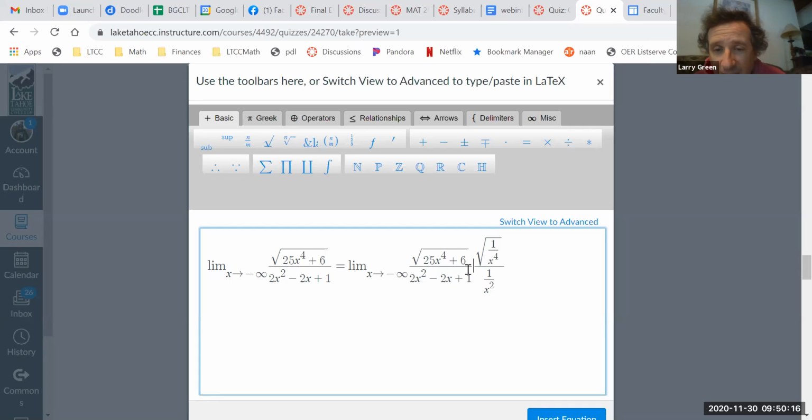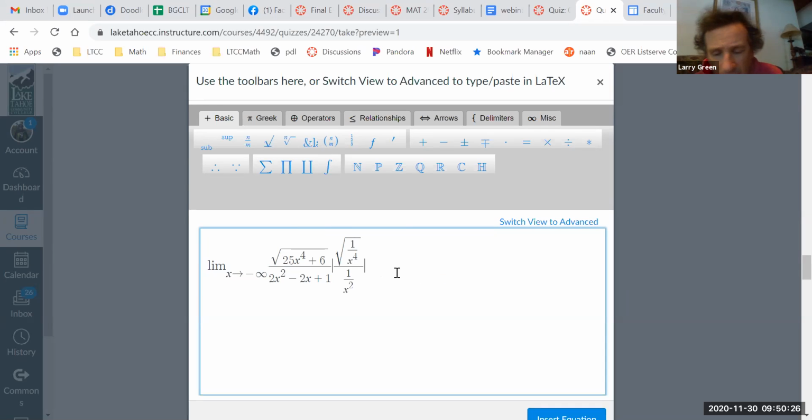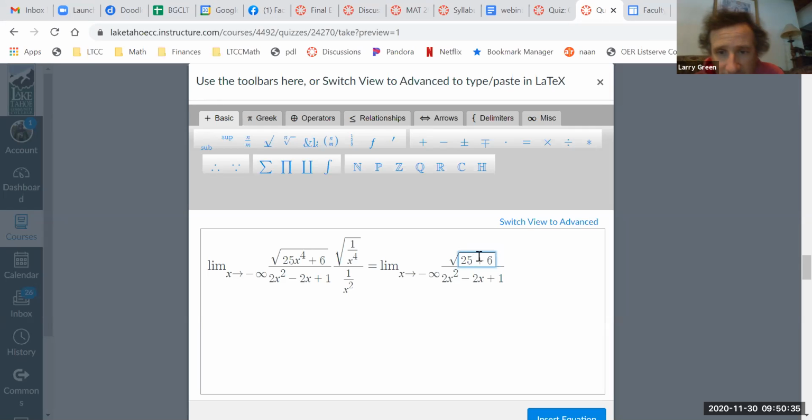Even when x goes to negative infinity, the even powers kill that negative. So now we just continue on. And we get 25, the x to the 4th go away, plus 6 over x to the 4th under the root.